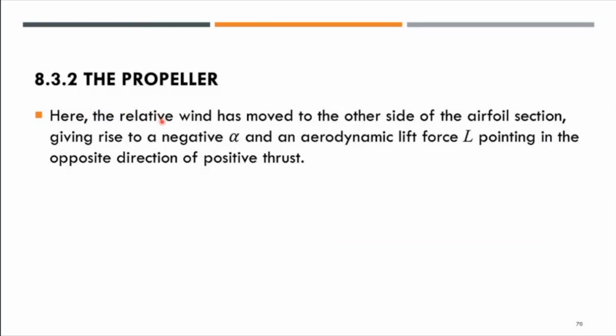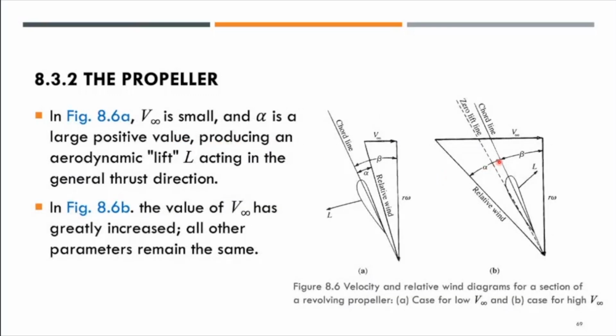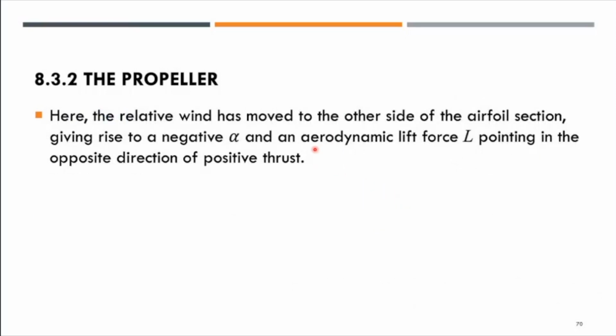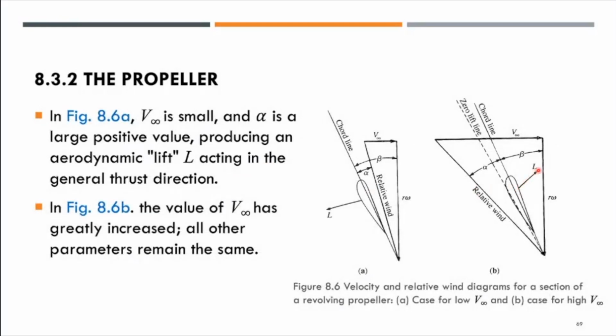And here, in 8.6b, the relative wind has moved to the other side of the airfoil section, giving rise to a negative alpha. You can see alpha is now a negative value instead of a positive value from the chord line, as well as the aerodynamic lift force L pointing in the opposite direction of the positive thrust. So you can see that the lift generated is also in the opposite direction.